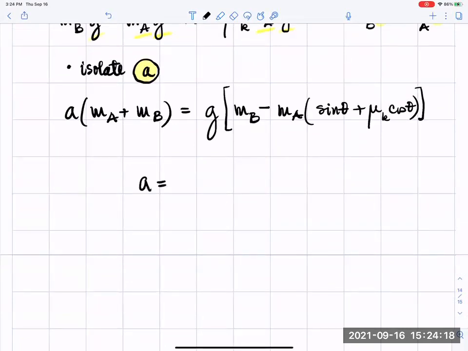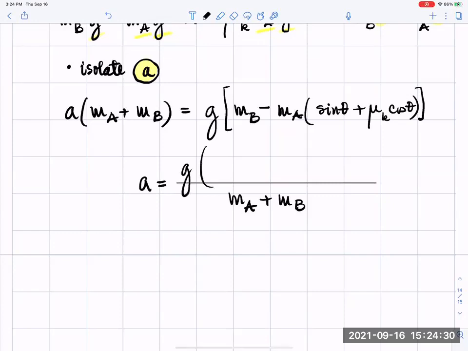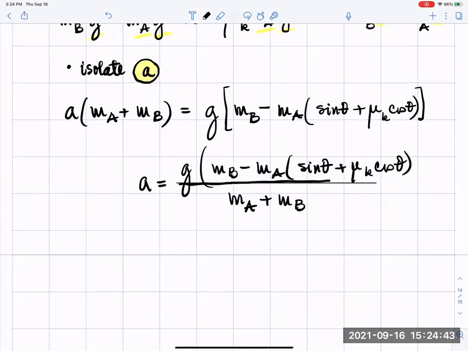Now you're going to divide by M A plus M B. So that is the denominator, and at the numerator you have g, parentheses, M B minus M A sine theta plus mu k cosine of theta. Actually, let me show you something.